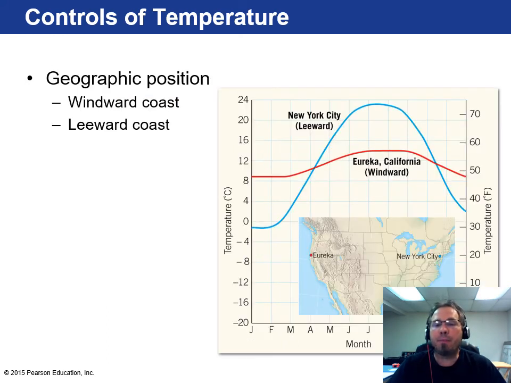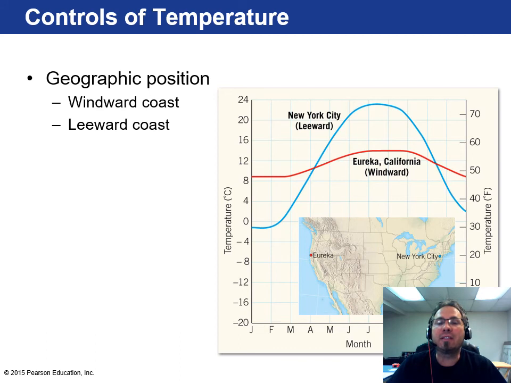Here's another example of how prevailing winds and being windward or leeward work. What that means is, are the winds coming in or are they coming off? In this case, in Eureka and New York City, Eureka, California is windward, so the winds are coming in off the ocean, whereas in New York City, the vast majority of the winds are going out to the ocean.